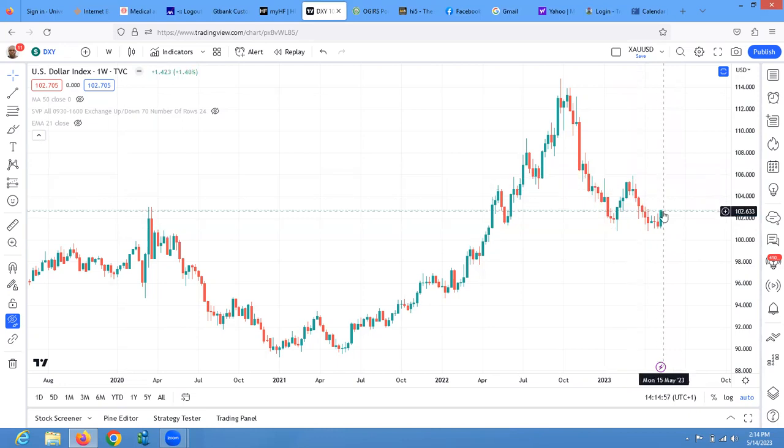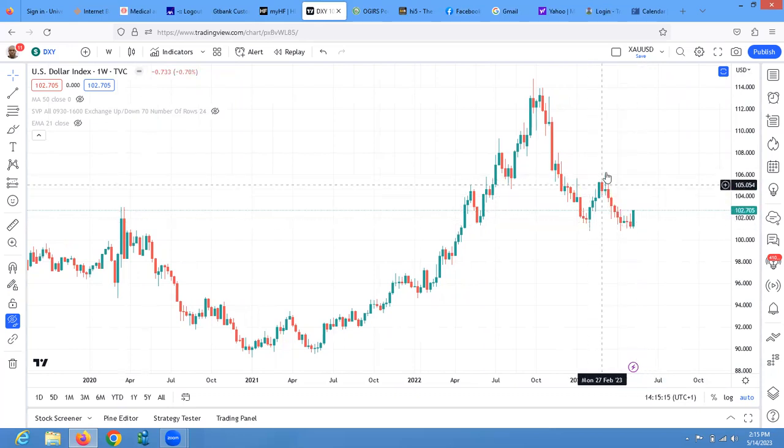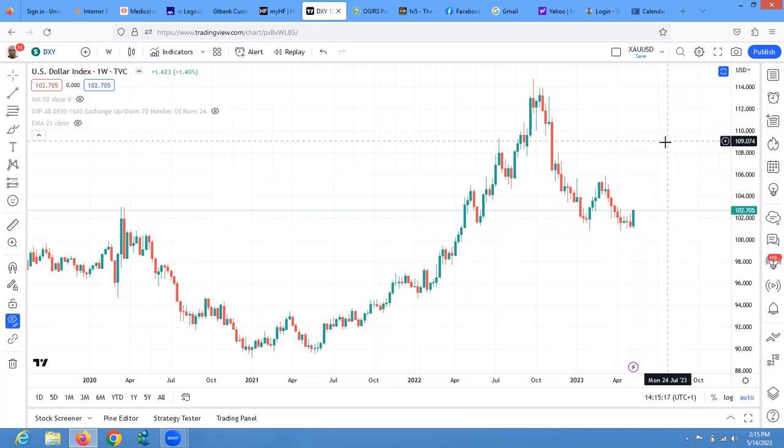I do not think that this is going to be an ABC now. It doesn't look like that to me. You must understand why, and you must stay with what you have learned in terms of Elliott wave and structure. To think that you are going to go all the way down, it's not possible. To think that this is an A, B, and back to a C before we go up, I don't think so.